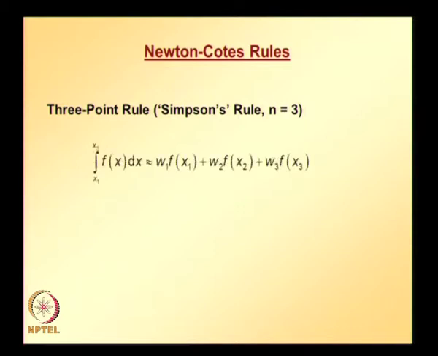So the integral of f(x) between the limits x1 and x3, here intentionally the upper limit is named as x3. If one wants to evaluate the integral of this function between limits x1 and x3, that is approximated using Simpson's rule in this manner: weight w1 multiplied by function value at x1, plus weight w2 multiplied by function value at x2, plus weight w3 multiplied by function value at x3.